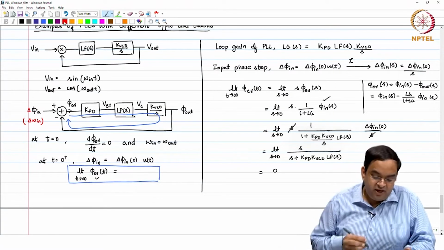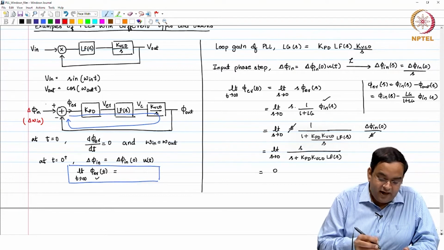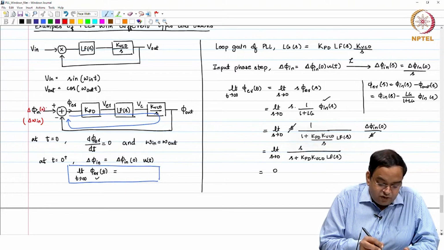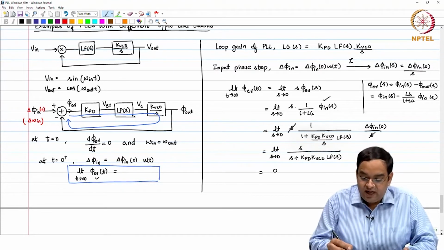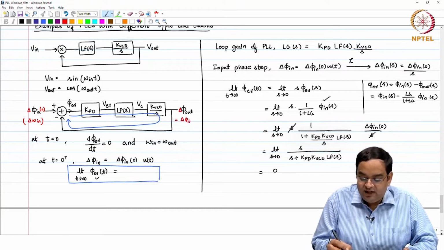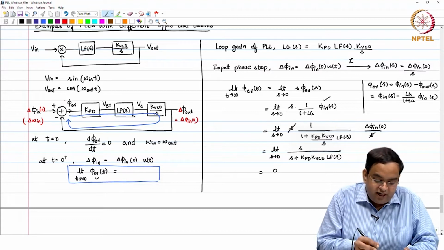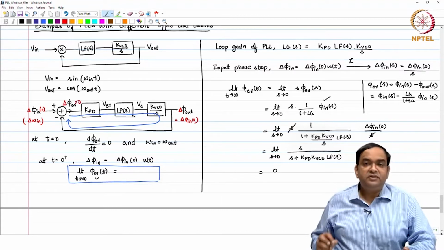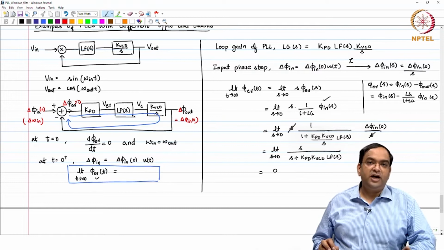What it means is that if I apply a delta phi in 0 here, after some time I will see a change in delta phi out which is the same as delta phi in 0. So, that delta phi error becomes 0.